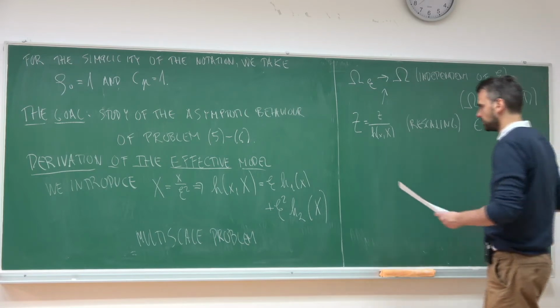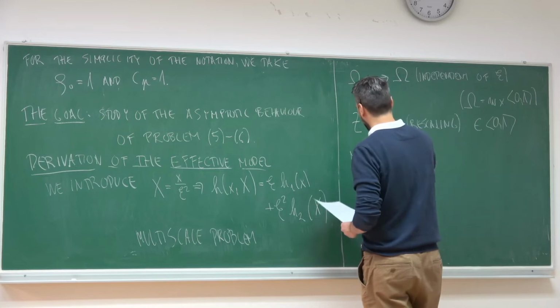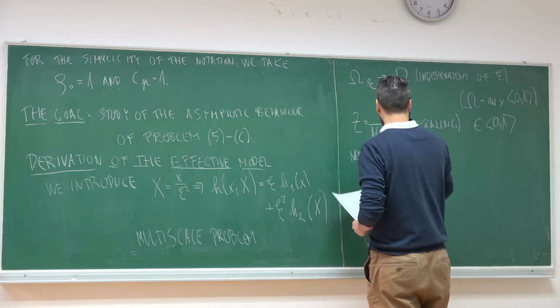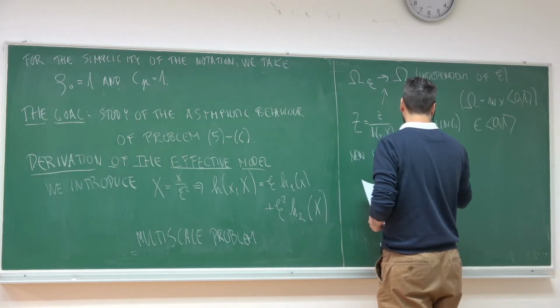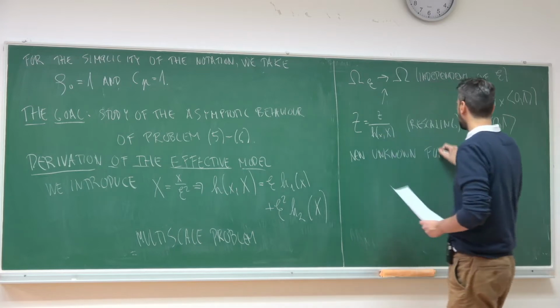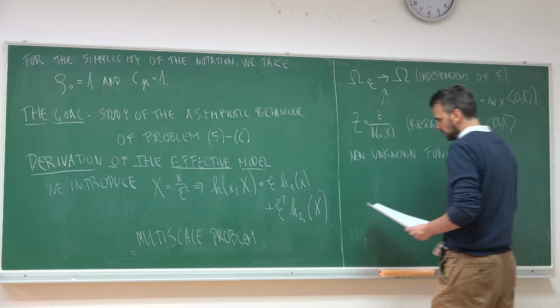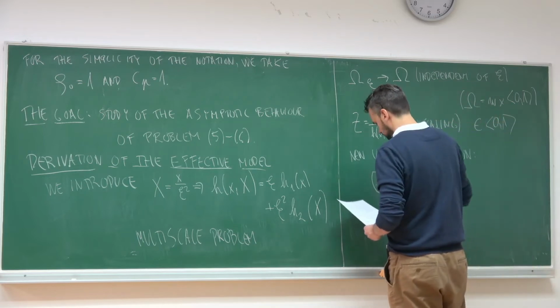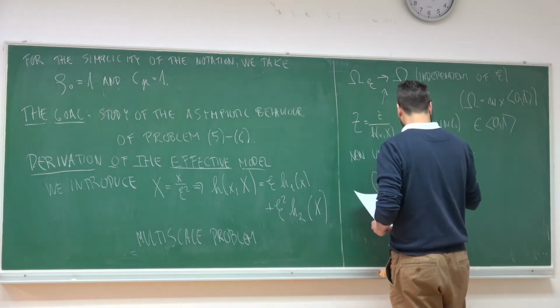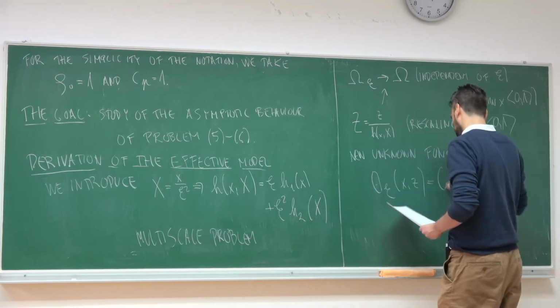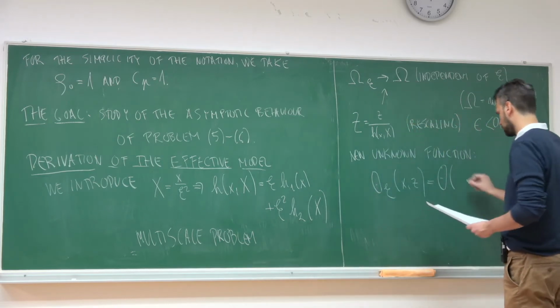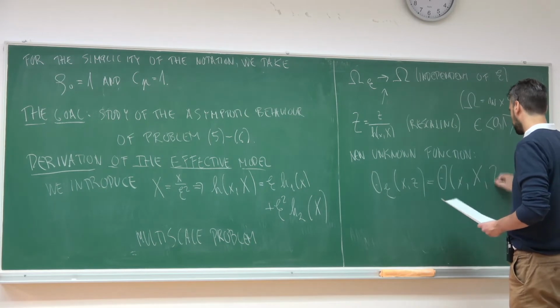Okay, so the new unknown function is the following: omega epsilon of (x, z) is omega without the epsilon, (x, big Z).